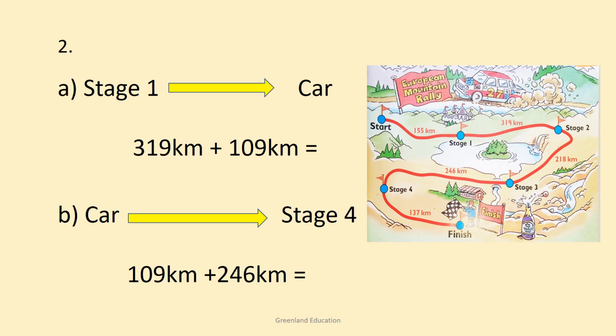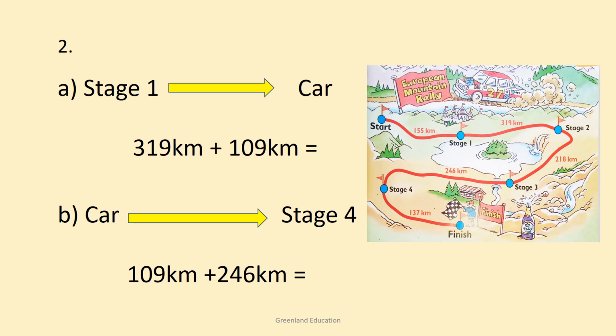In the previous slide, we found the answer because the car is at the center, or the middle, of stage 2 and stage 3. So the distance from stage 2 to car is 109 kilometers. So finally, how do you find the total distance from stage 1 to car? You should add 319 kilometers and 109 kilometers.